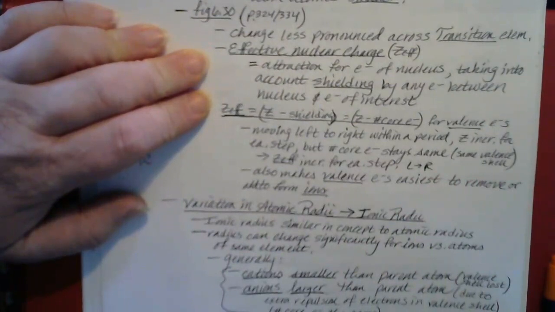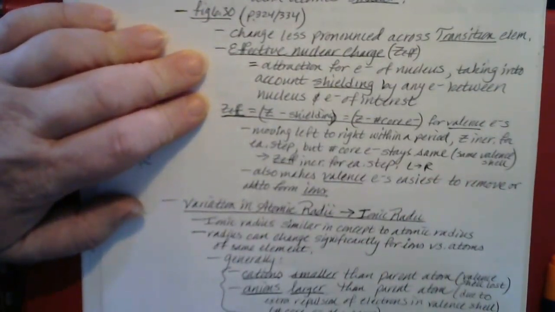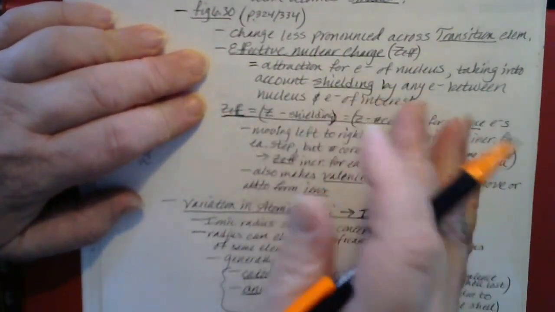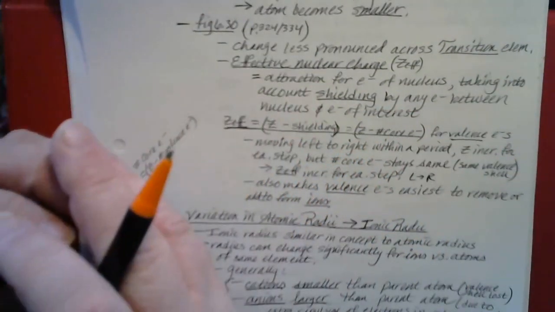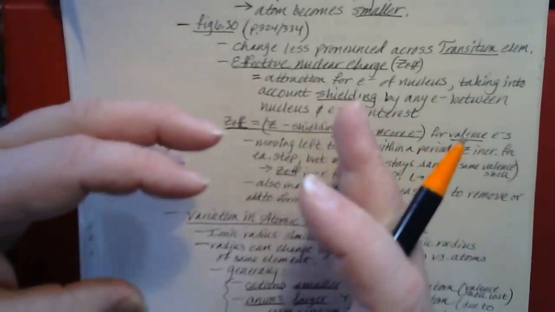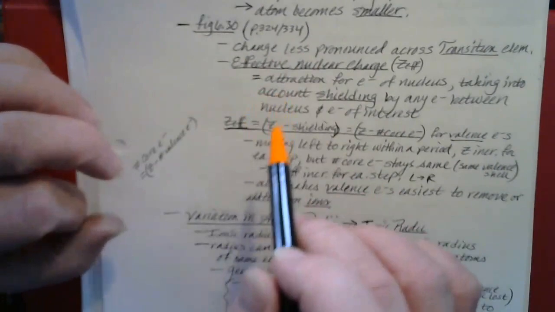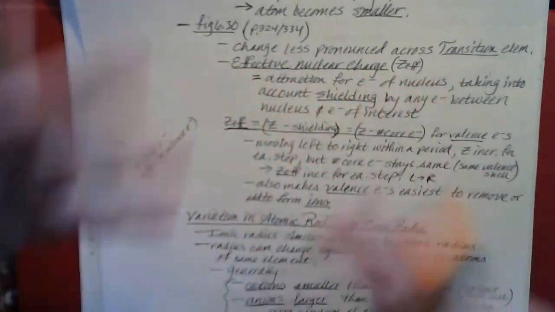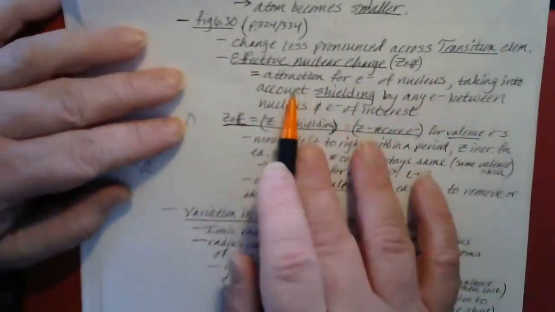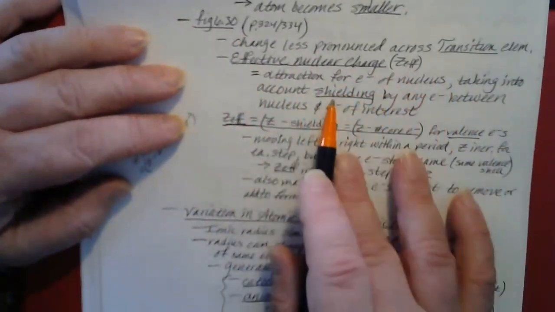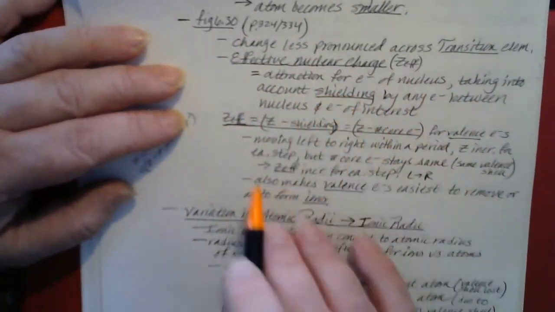So the degree of attraction between the outer shell electrons and the nucleus can be partially blocked by electrons in the inner shells of the atom. That is, any electrons that come between the valence shell and the nucleus will partially shield the valence shell from the nuclear charge. So they're basically shielding by inner shell electrons.